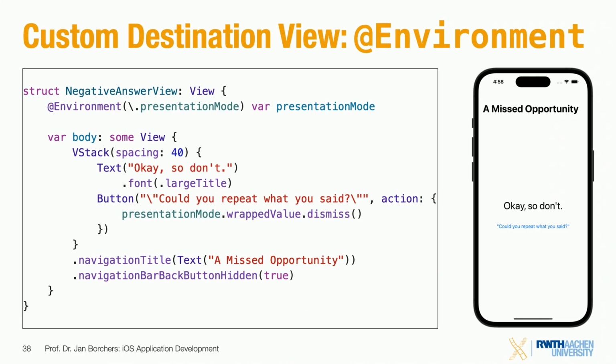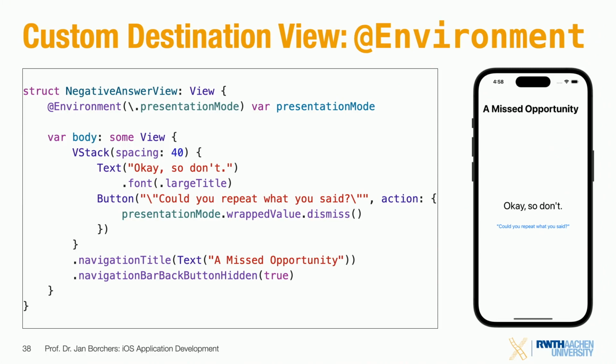Right? This fits the conversation style better, you could say, in this particular example, because we don't want the simple back button. But in order to do that, we need to get to this presentation mode. So what we're doing is basically so that our button can actually dismiss this whole view. We enter the environment, we read what you could imagine as sort of a bunch of global variables and parameters that actually have paths.